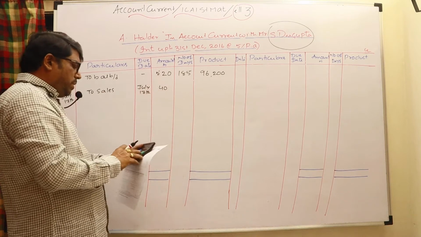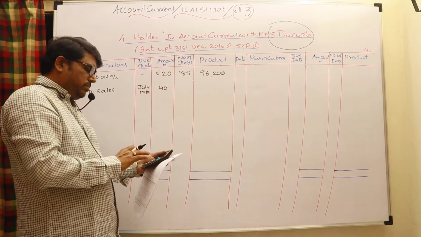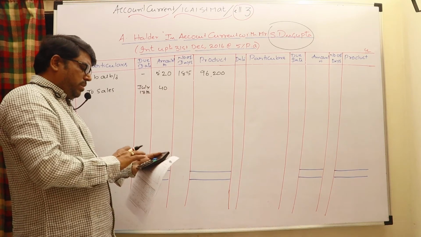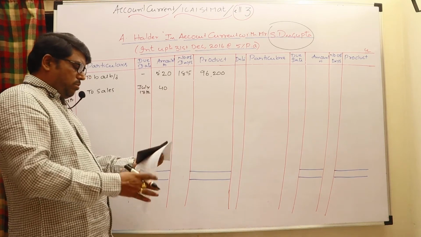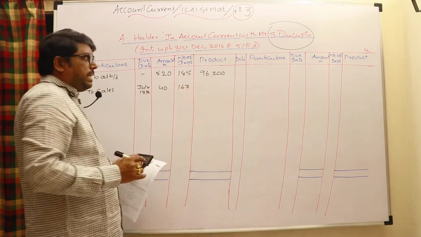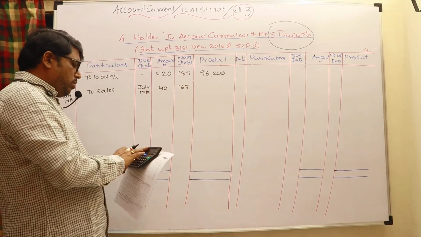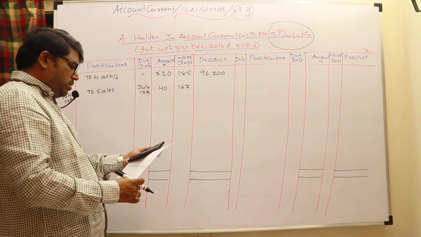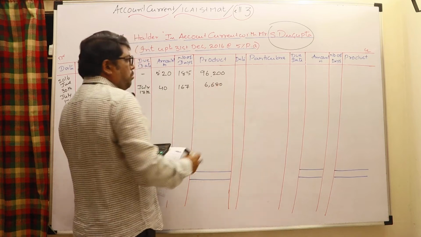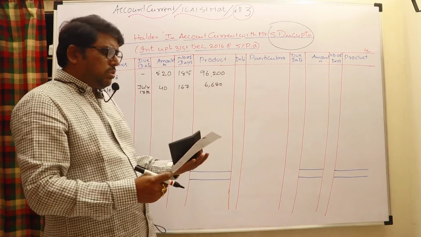The number of days: July 14, August 31, September 30, October 31, November 30, December 31. Total number of days 167. Get the product, 167 into 40, which is 6,680. The product is 6,680.